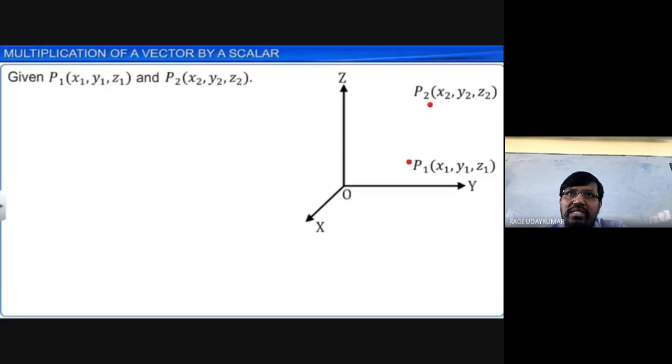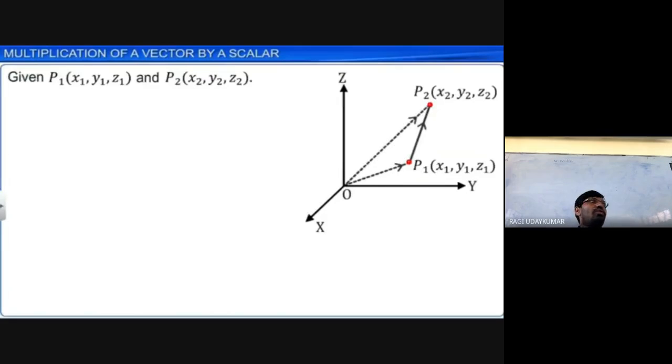Now the distance between two points formula. Whenever you are finding the vector from P1 to P2, OP1 and OP2 are position vectors.